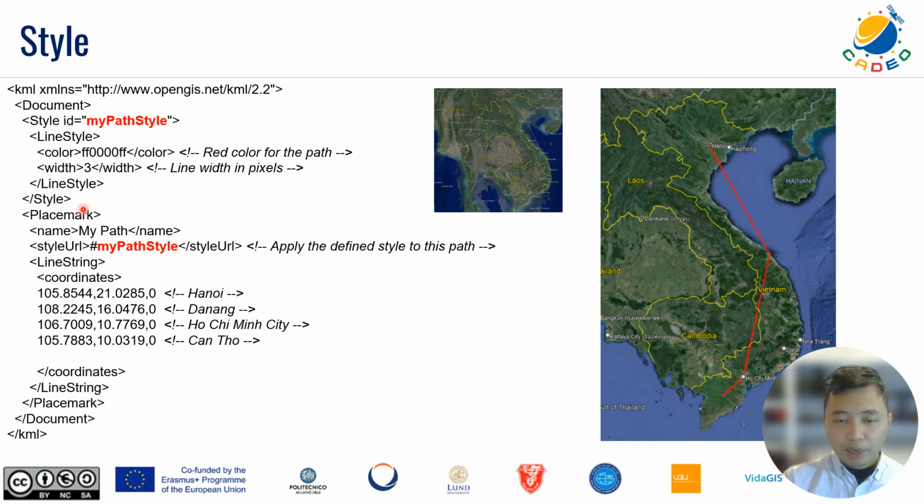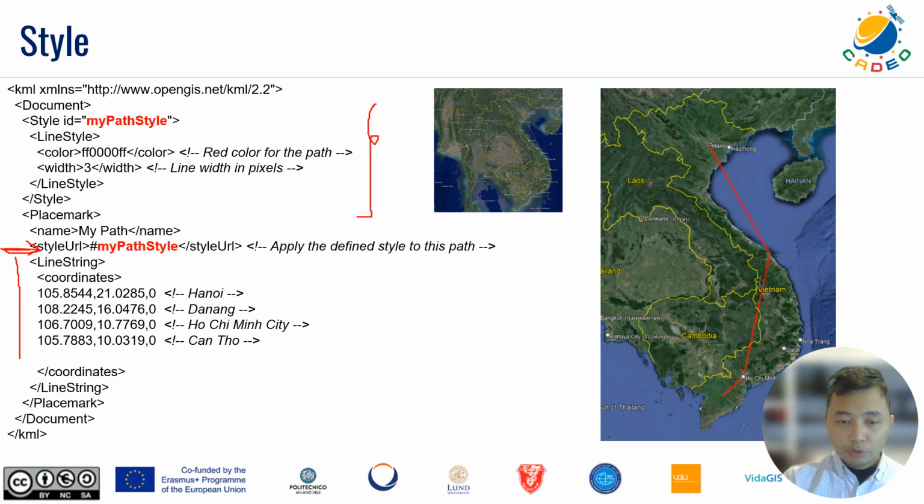Now I want to apply it to the placemarks which were generated before. So this was the code we used to write the pathway. I just insert one line, styleUrl, to reference the style here.